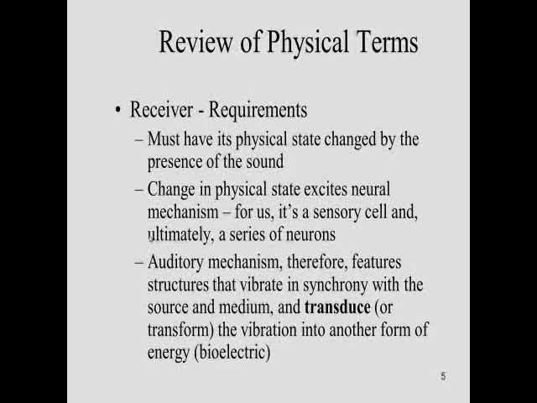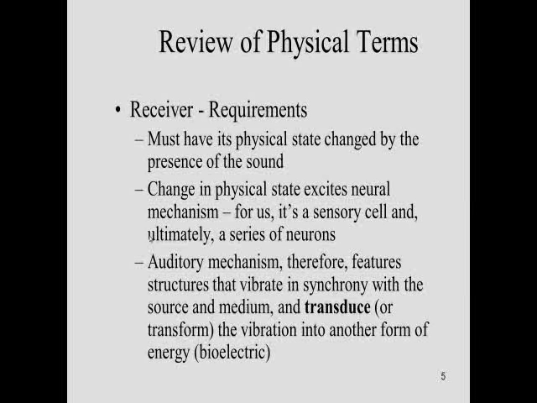The physical state for us that's going to get modified will be the result of a transformation, and much more on this later, but a transformation from the mechanical energy of a sound to a neural event. And so our physical state is altered by the presence of sound energy because our neurons get excited and we have nerve impulses that result from the stimulation of our auditory pathway.